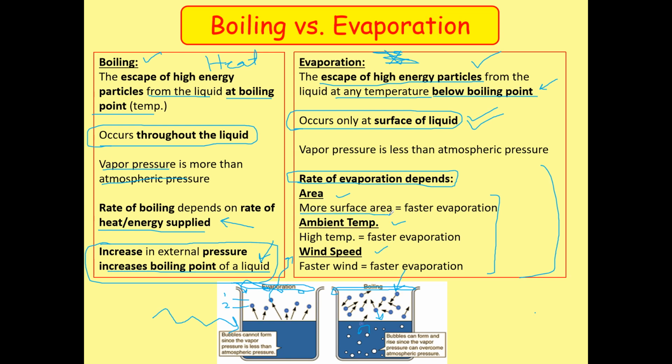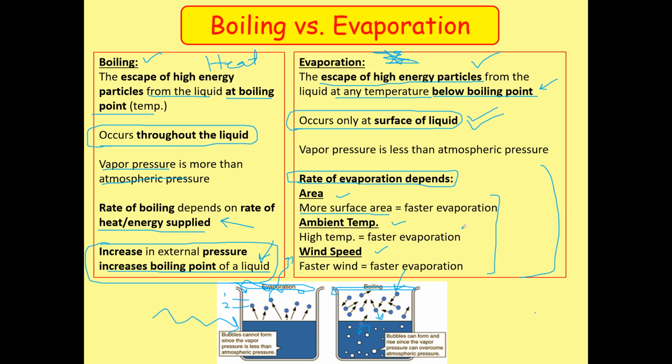You would find that after half an hour, the beaker containing water will have probably a minute change in the level, but the water on the floor, the same amount of water which was in the second beaker, will be gone. Why? Because the surface area accelerated the rate of evaporation. So if you want to increase the rate of evaporation, we just need to increase the area. That's the simplest trick in the book, right?